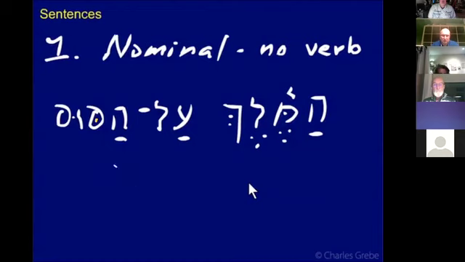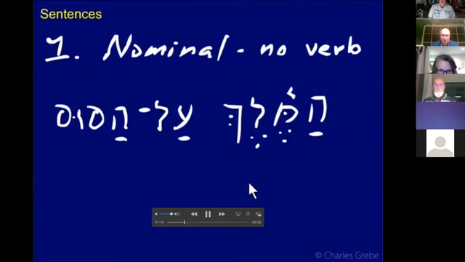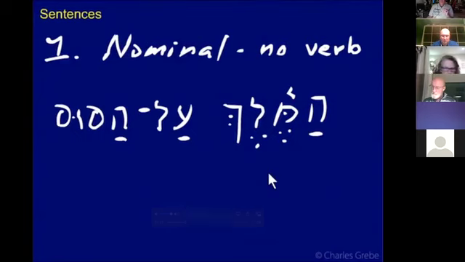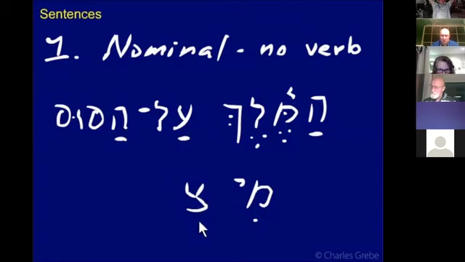And so you just supply the verb. The king is on the horse. Supply it when you're speaking English, when you're translating. Another example would be mi tzaddik. Mi means who.